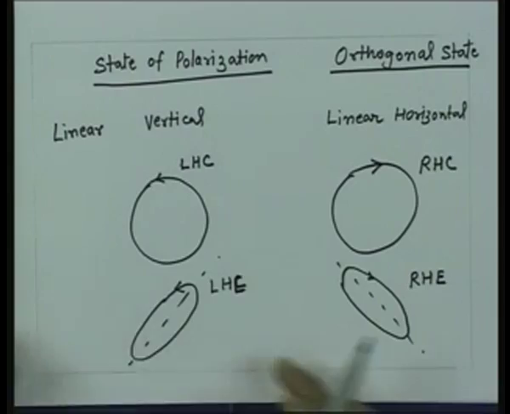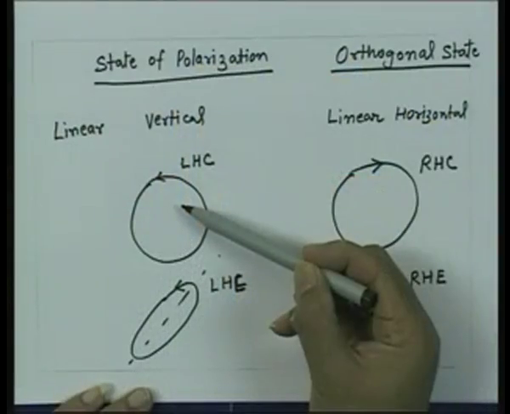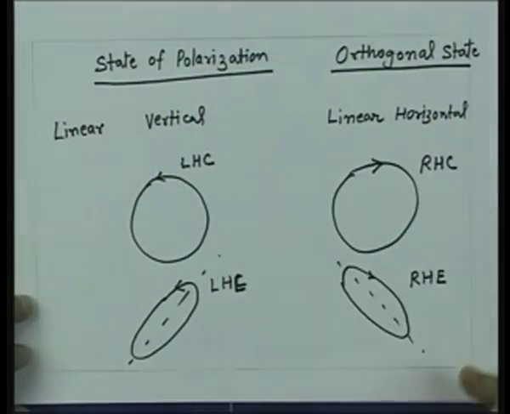So, in general, we can say the two ellipses whose major axes are tilted at 90 degrees with respect to each other, have the same shape, but opposite sense of rotation, will constitute a pair of orthogonal states of polarization. And then the special cases of that would be the circular polarization and the linear polarization.